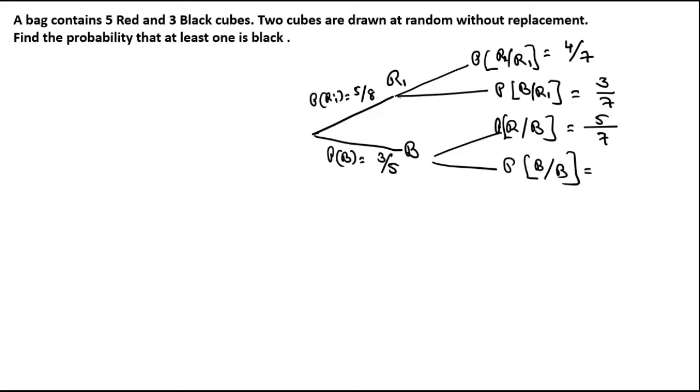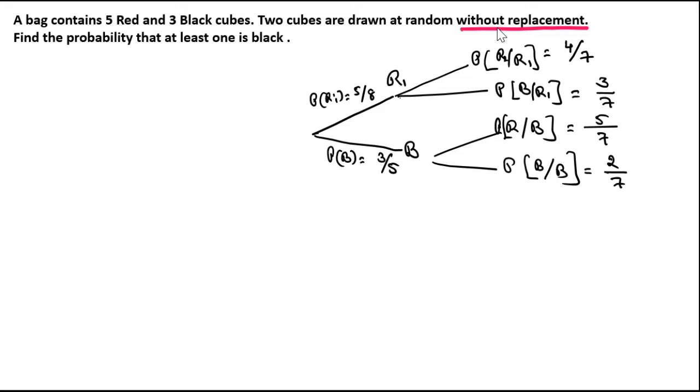Then first is black, what is the probability of second also black? One black is gone, remaining only 2 blacks, so 2 by 7. They are asking 2 cubes are drawn without replacement, so it is dependent events. That is why we are getting 5 by 8, one is not replaced, so only 7 remain. Total cubes decrease from 8 to 7.